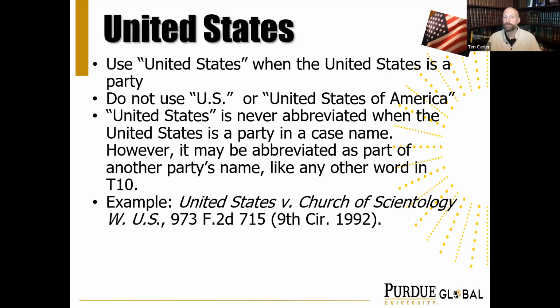Church of Scientology, and we can follow this along: 973, that's the volume, F.2d, Federal Reporter, second series, 715, parenthetical, Ninth Circuit Court of Appeals, 1992. All the information should tell you, if you need, in a pinch, to bring up Westlaw or whatever research database you're using, you know exactly where it is, the party's name, and the date of publication, and it really narrows down your search results.